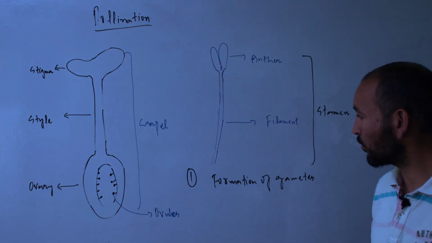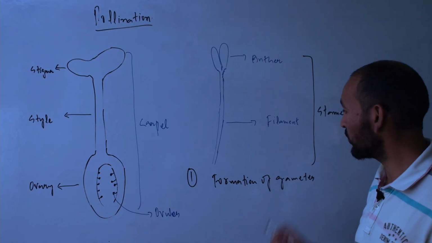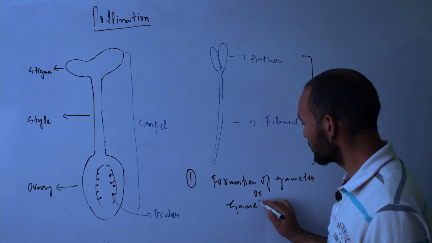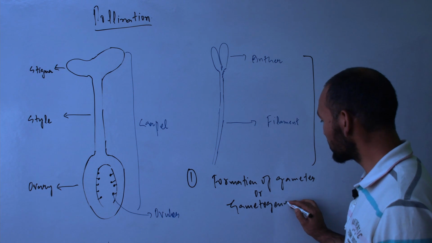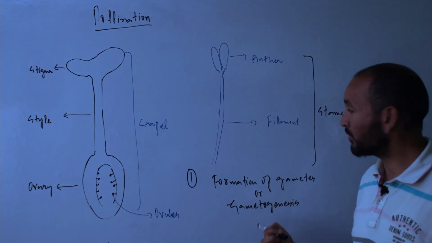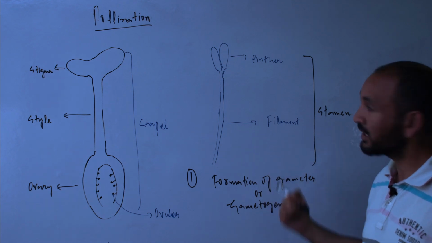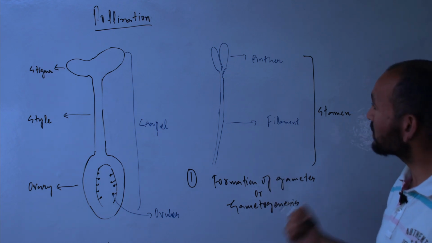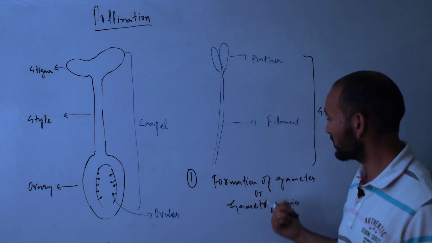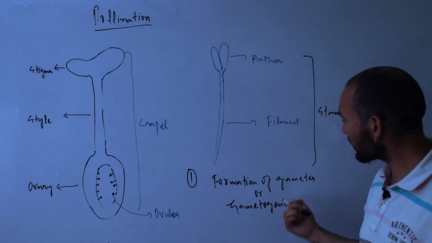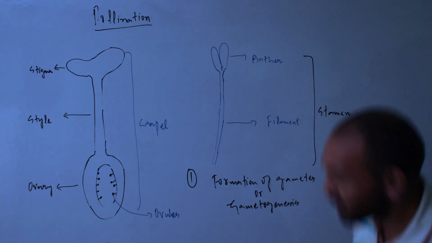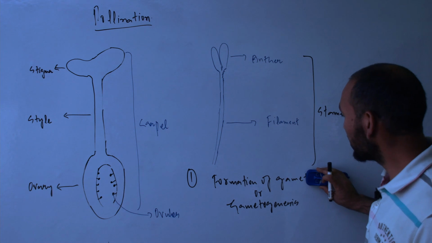This is the beginning event that happens first, the formation of gametes, or we also call it gametogenesis. So gametogenesis or formation of gametes, this is the beginning event, which actually takes place, as far as sexual reproduction is concerned. Now, what we understand by gametes.